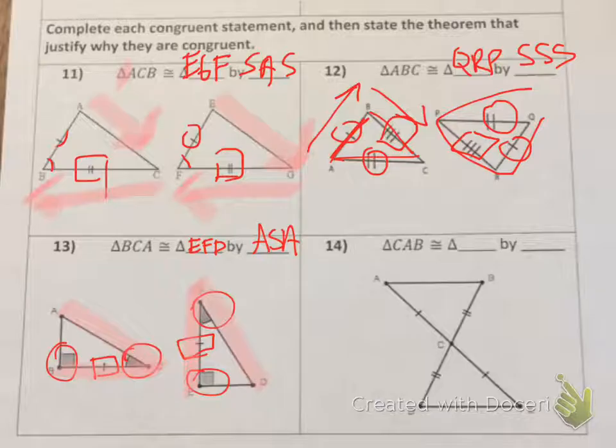We only have one more problem left on this page. I thought that might be over the last time, but I messed up. So I have one side congruent to one side, and another side congruent to one side. And if you remember my vertical angles rule, I have this vertical angle equal to this vertical angle.